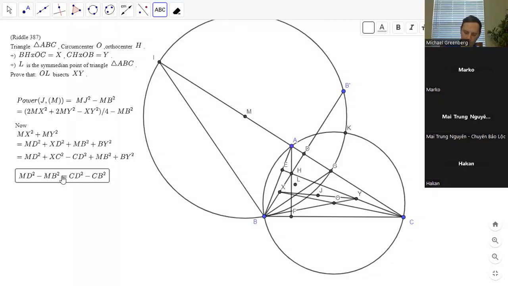Okay, so we need to show that BY squared minus BC squared over 2 is equal to CX squared. Yeah, BC can be ignored. Yeah, you're right. So BC and XY can both be ignored.